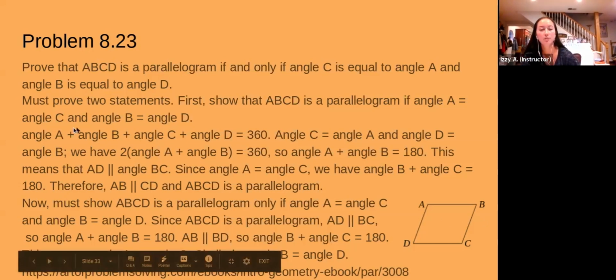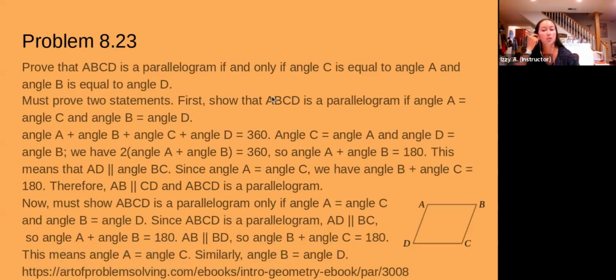First, we have to prove our 2 statements as we previously said. First, show that ABCD is a parallelogram if angle A is equal to angle C and angle B is equal to angle D. If we add up all 4 of the angles, we get 360 degrees.